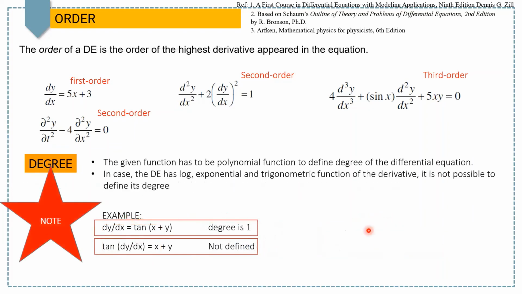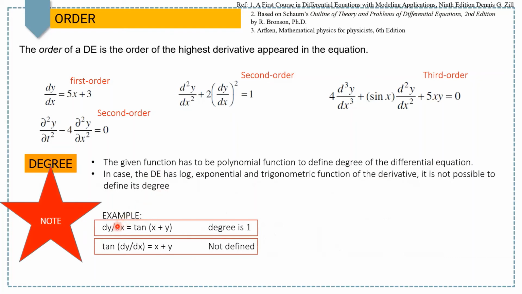But please remember that it is not always possible to find the degree of a differential equation. The given function has to be a polynomial function to define the degree of the differential equation. In case the differential equation has log, exponential, or trigonometric functions of the derivative, it is not possible to define its degree.